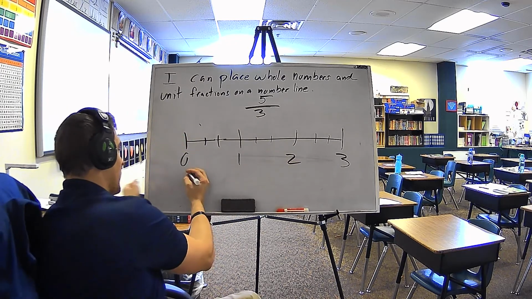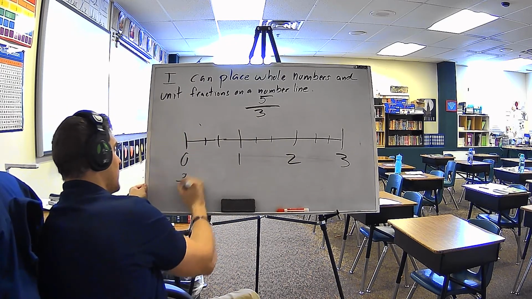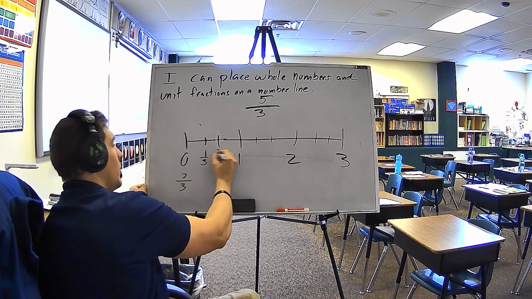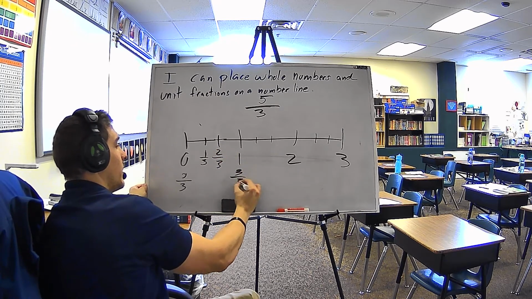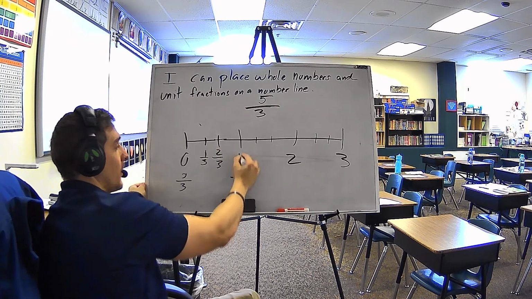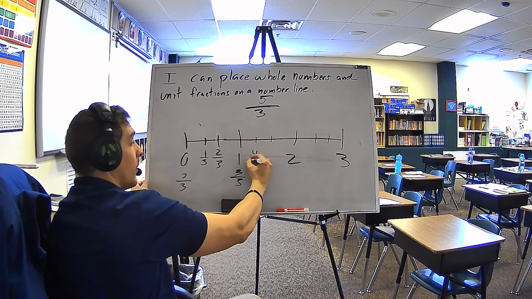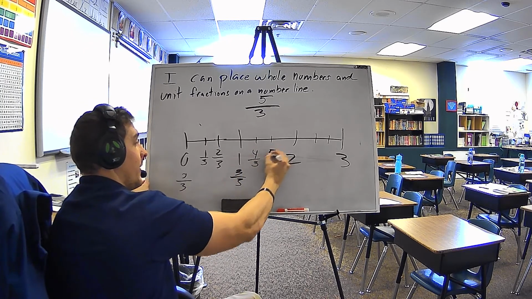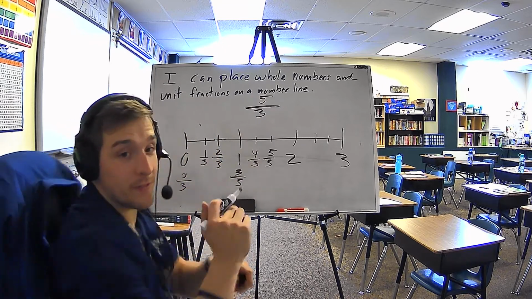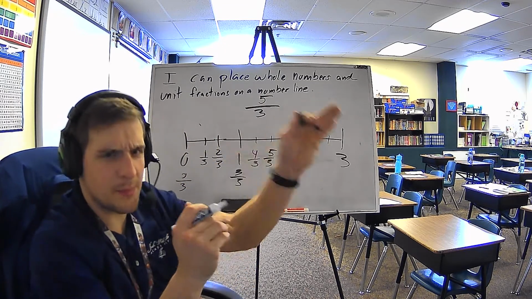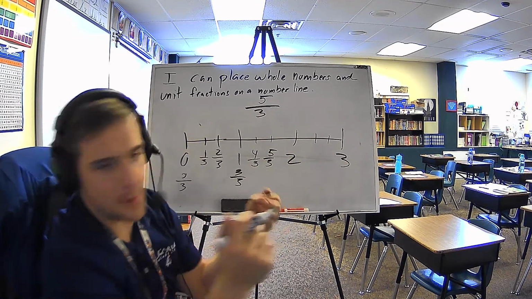So I'm going to label them as we go. So this first one is 0/3, 1/3, 2/3, 3/3. Remember how that works. 3 divided by 3 is 1. 4/3, 5/3, and look, there we go. We've got 5/3. But let's just keep going.